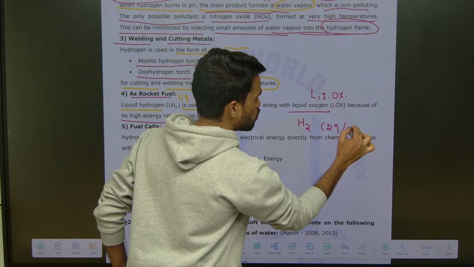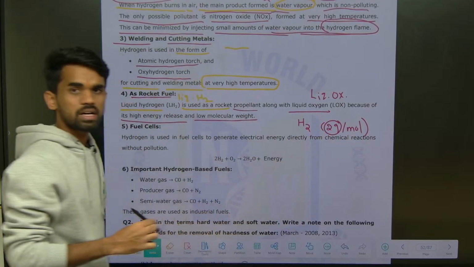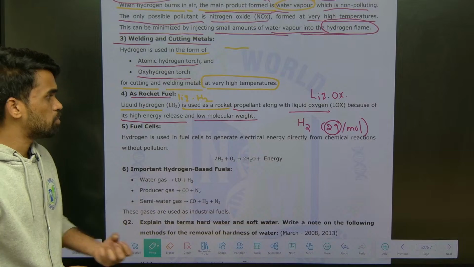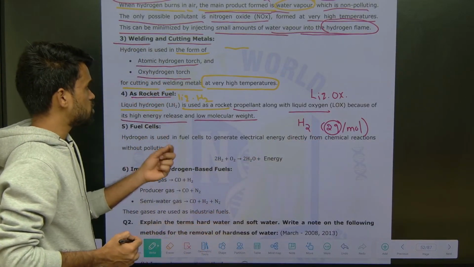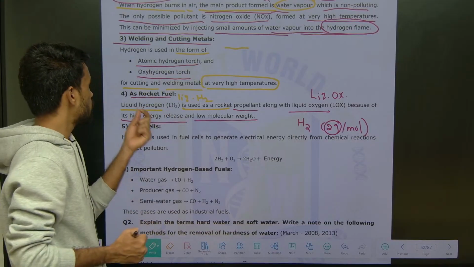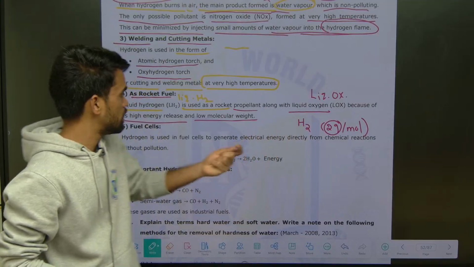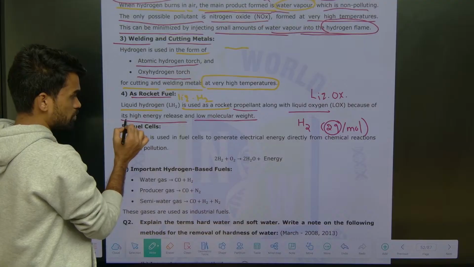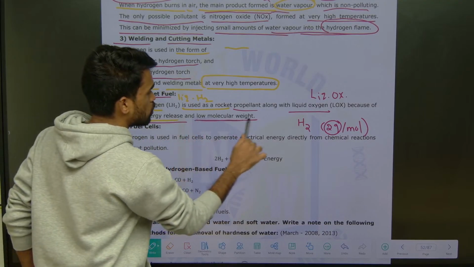If you take 1 mole of hydrogen gas, its weight is just 2 grams, and it gives a very high heat of combustion upon burning these 2 grams itself. So that is why it has an application in rocket fuels. Liquid hydrogen plus liquid oxygen, this mixture is used as a rocket propellant because of its high heat of combustion and its low molecular weight.